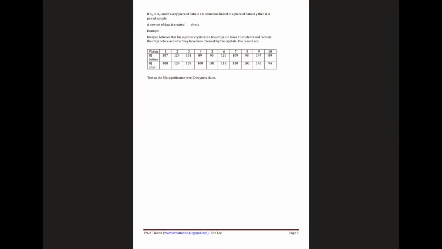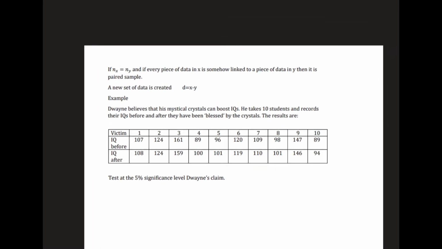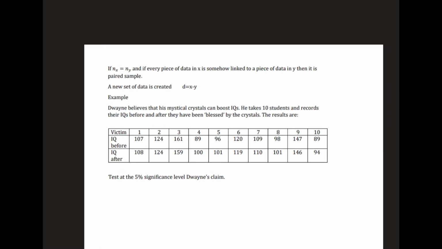So what you can see on top of the page is whether nx equals ny. nx equal to ny means they have the same number of samples, the same for sample x and sample y. And if every piece of data in x is somehow linked to a piece of data in y, then it is a paired sample.